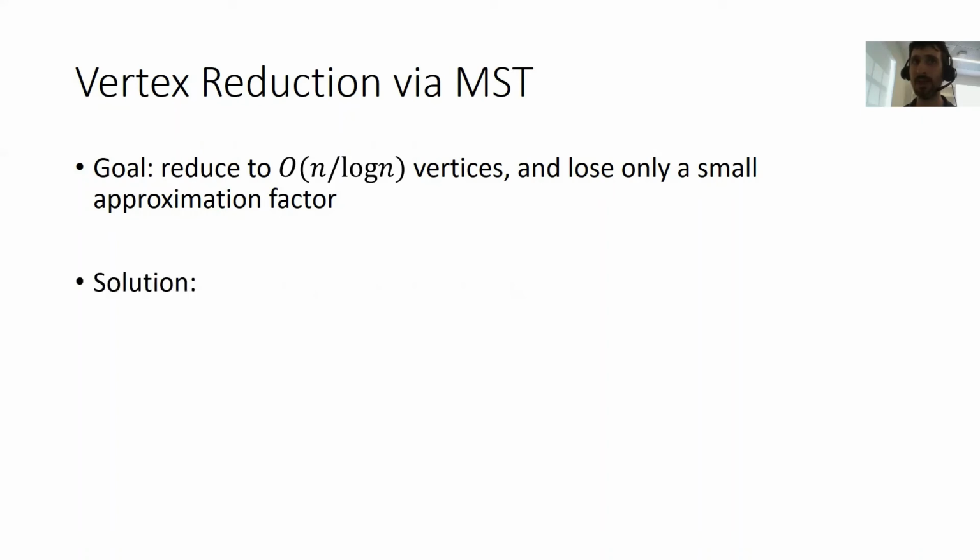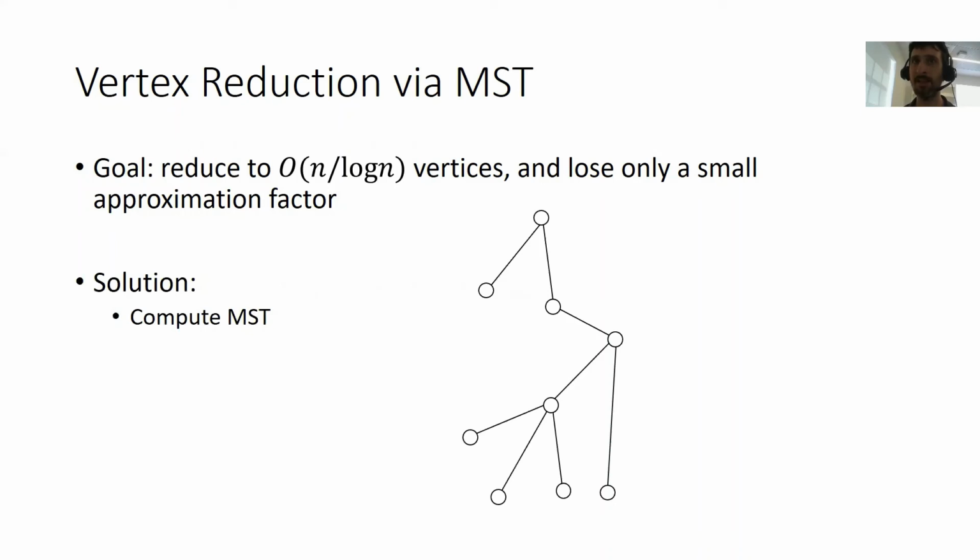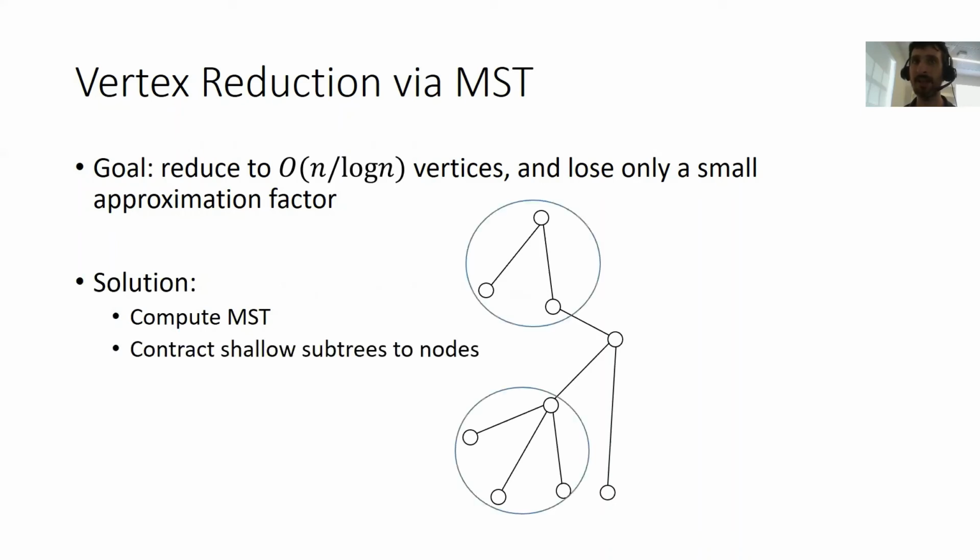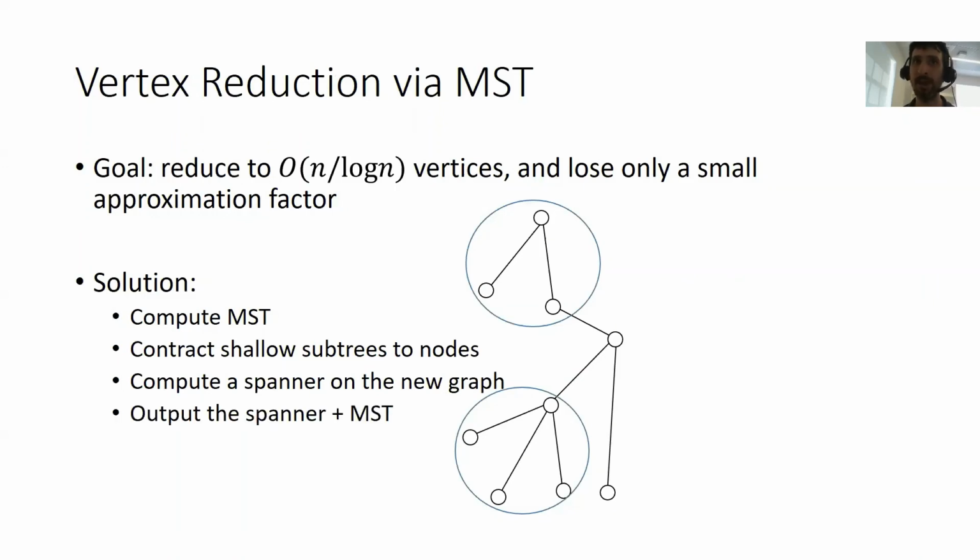So here's our solution. First, we compute an MST on the graph. Next, we split the MST into shallow subtrees, and each subtree we contract into one node. We compute a spanner on the contracted graph. And finally, we output the spanner plus our MST as the final spanner.